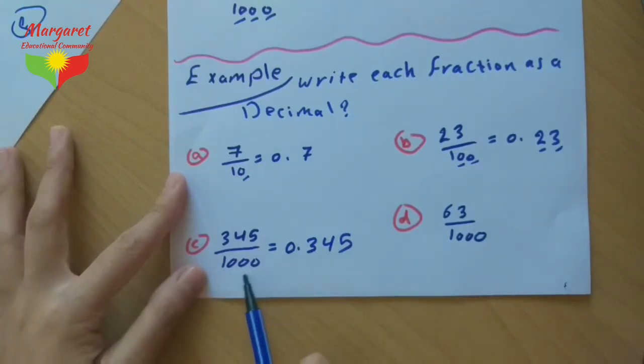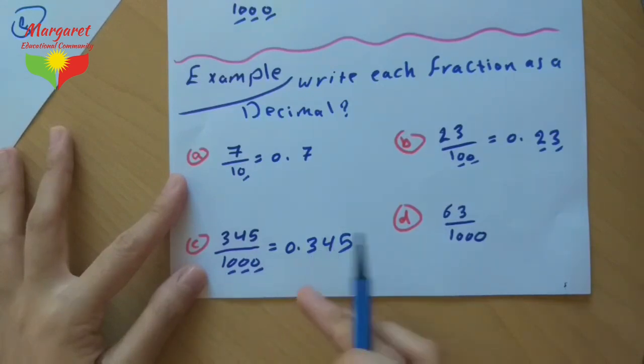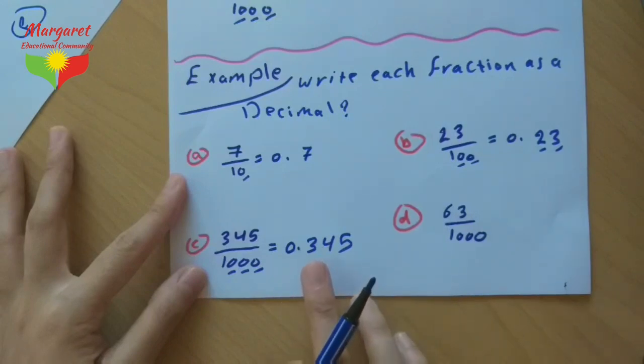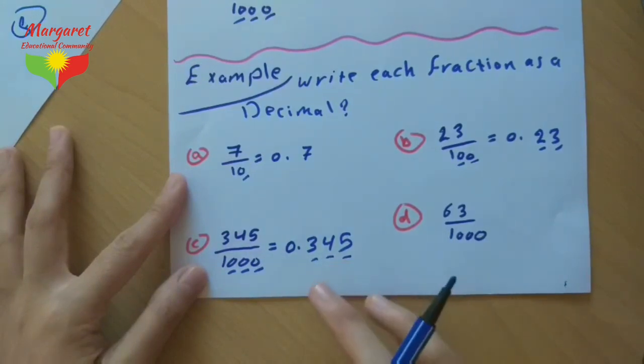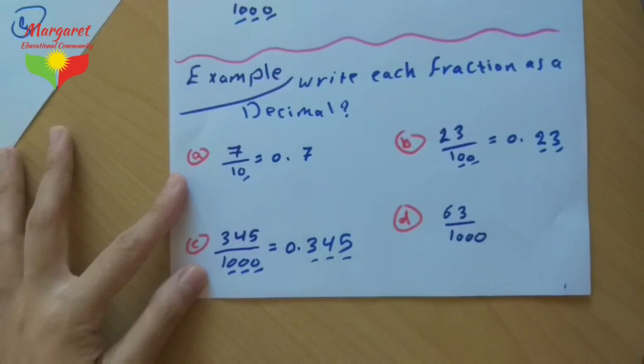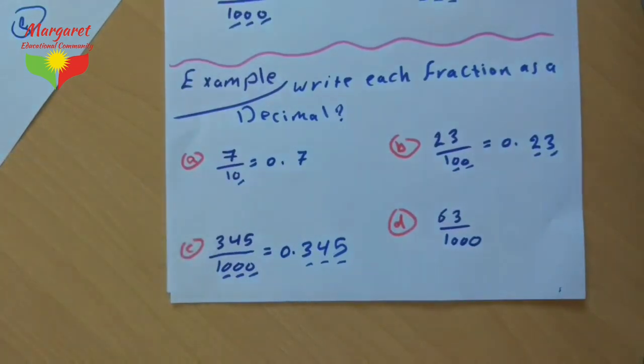From the denominator, we have 1000. We have just three 0s, so you must have the same three numbers after the decimal point. How do we read this decimal number? 345 thousandths.